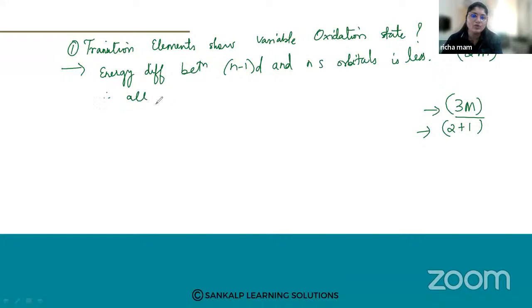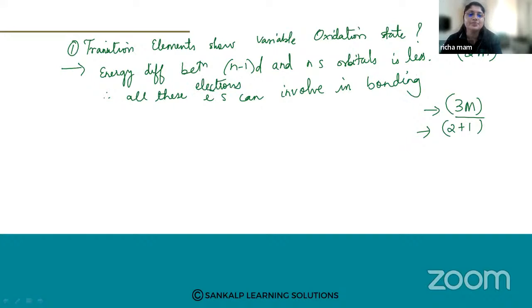Therefore, all these electrons can be involved in bonding. Because the energy gap between the n-1 d and ns orbitals is very less, all the electrons can be involved in bonding. So this is the reason. Let us go for the next one.